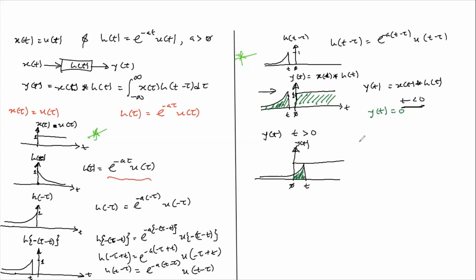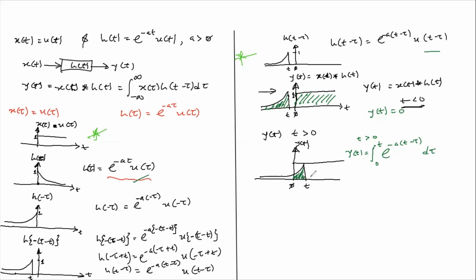So at t greater than 0, y of t, we now take on values from 0 to t, the integral from 0 to t of epsilon a times (t minus tau). This is neutral. Okay? Let's move to the right.